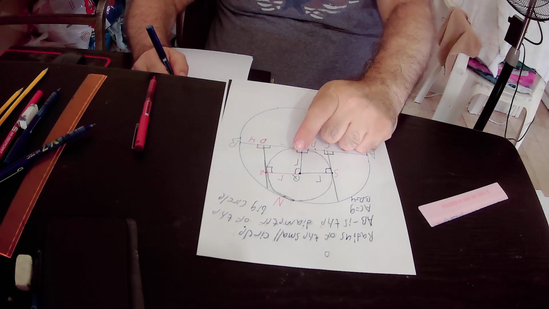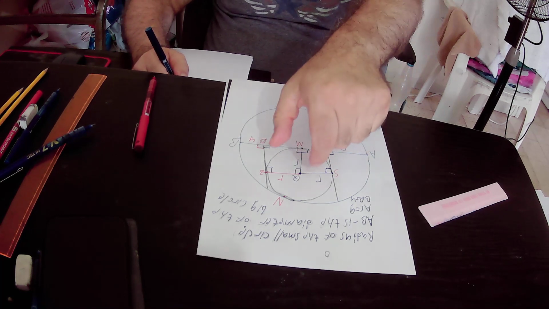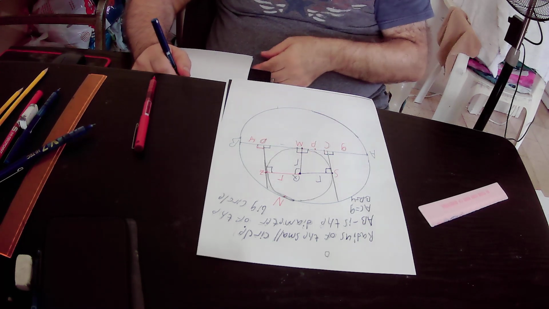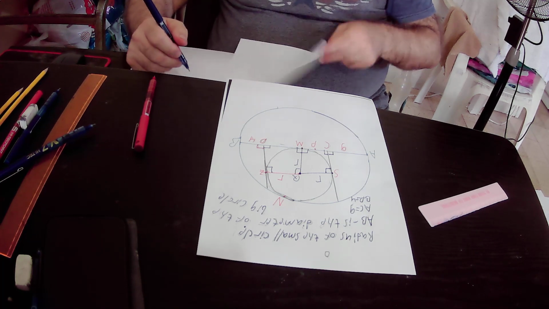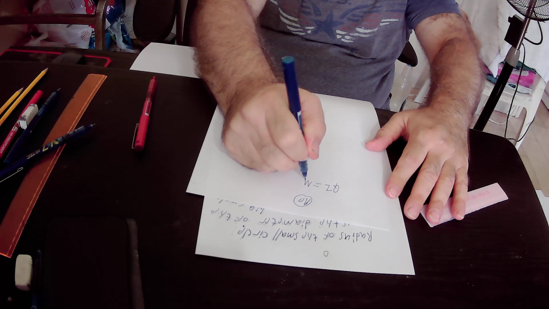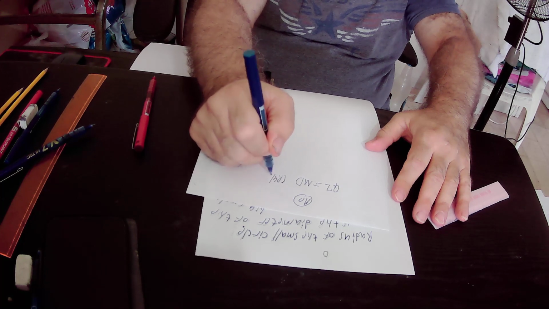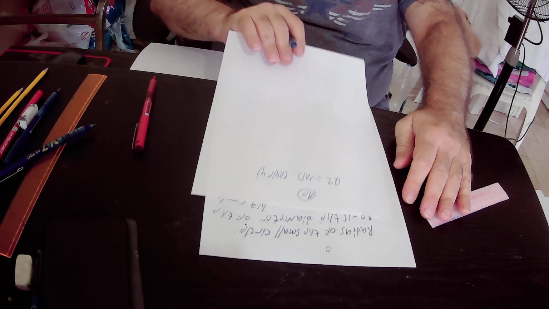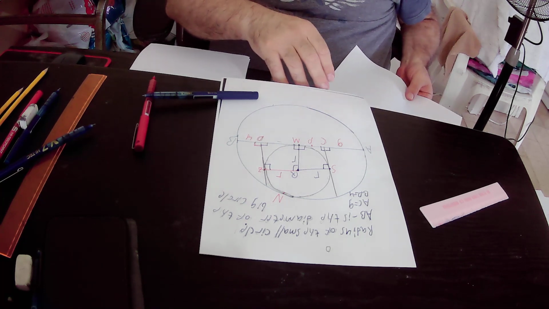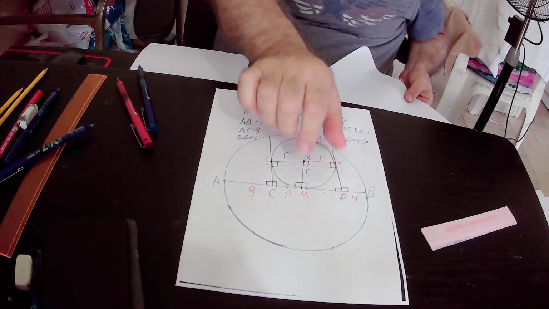Therefore, according to rule number 4, that the opposite sides of a rectangle are equal to each other, QZ, that is opposite to MD, equals MD. QZ equals MD.